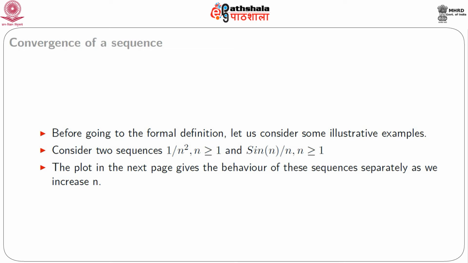Next, we shall introduce the concept of convergence of a sequence. Just before going to the formal definition, let us consider some illustrative examples. Consider two sequences 1 by n squared and sin n by n. The plot in the next page gives the behavior of these sequences separately as we increase n.